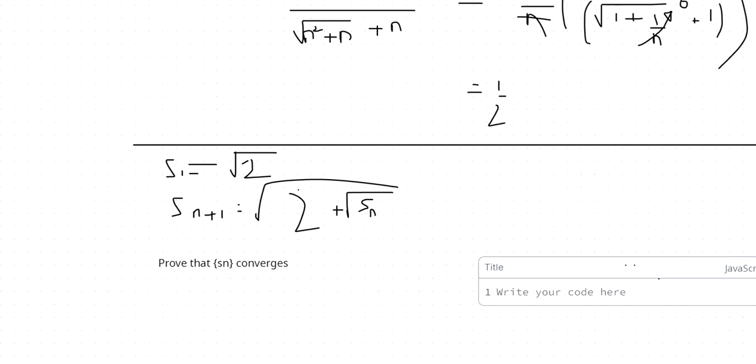To show that it's increasing, we want to prove Sn plus 1 is greater than or equal to Sn. Root of 2 plus root Sn is greater than or equal to Sn. Just square both sides: 2 plus root Sn is greater than or equal to Sn square.